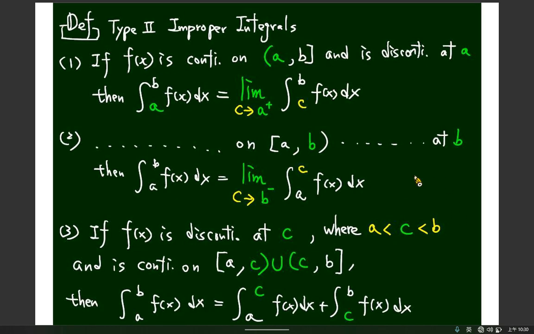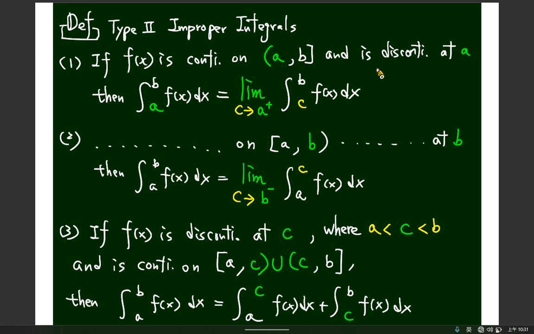Okay? And then I also showed you the type 2 improper integral, right? This one is also about how to calculate the integral from a to b of f of x. However, this form encounters one problem: one of the two ends will be discontinuous.